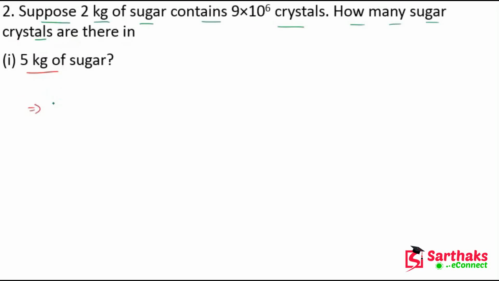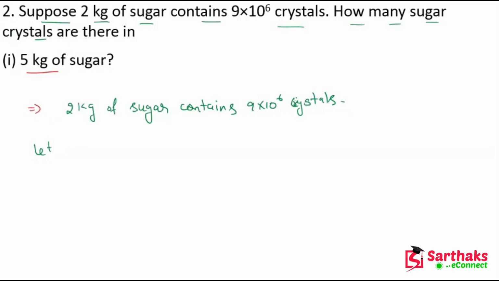Okay, so 2 kg of sugar contains 9 into 10 raised to power 6 crystals. And now let's suppose that 5 kg of sugar contains x crystals. We are taking x crystals.